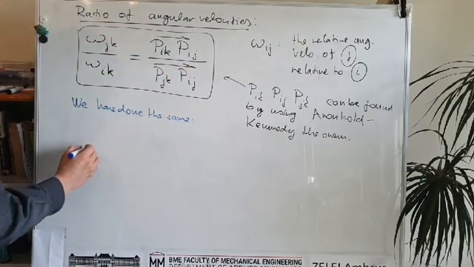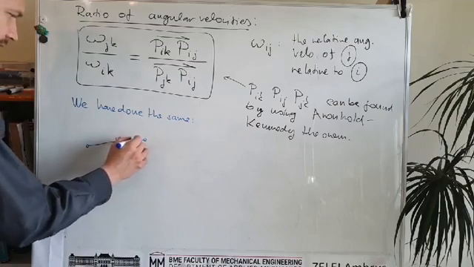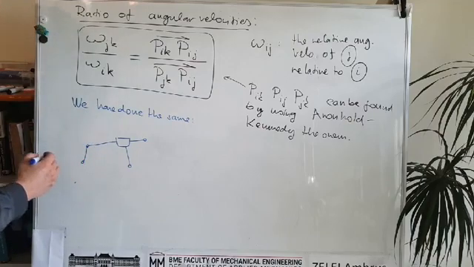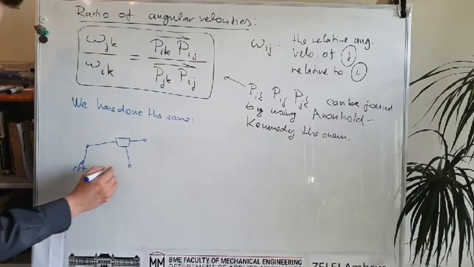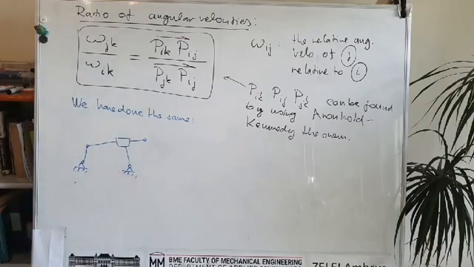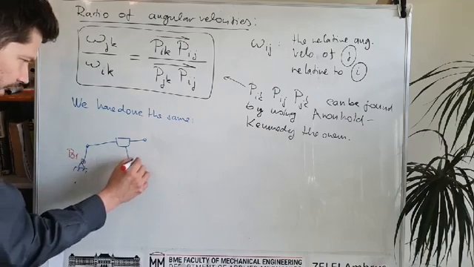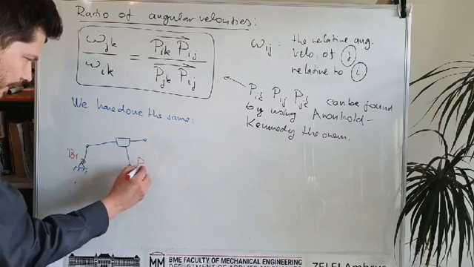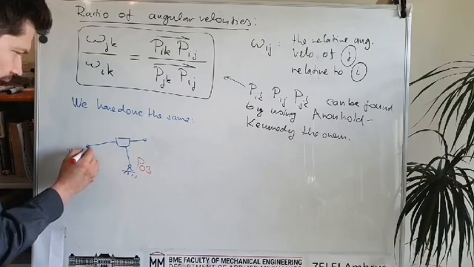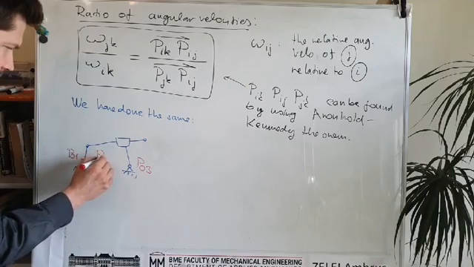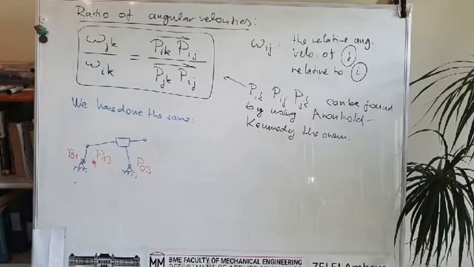So what we have done is that we had this structure. Now we are just drawing the important things, and we said that we had point P01, we had point P03, and somewhere here we had point P13, which is the relative pole of rigid body number 1 and 3.